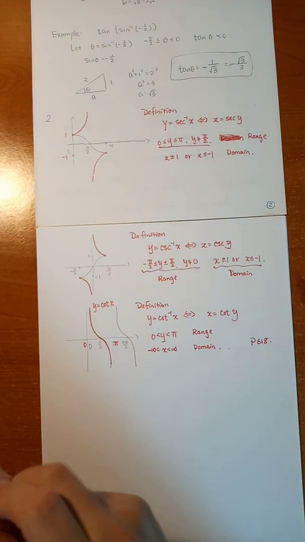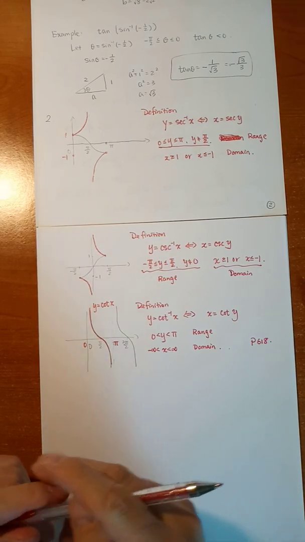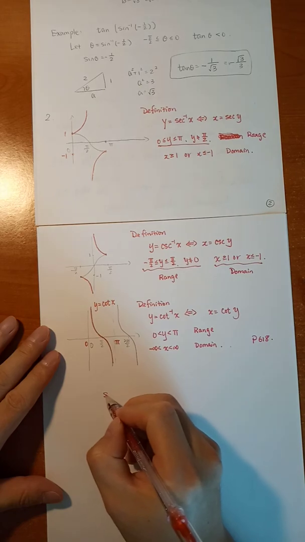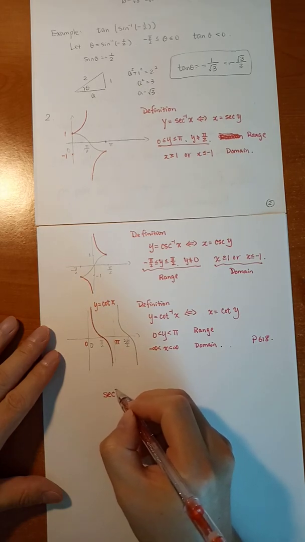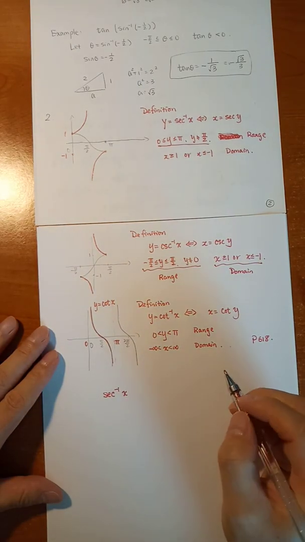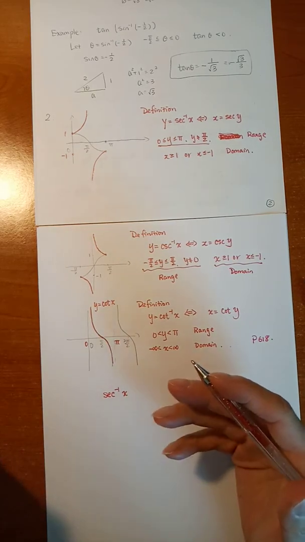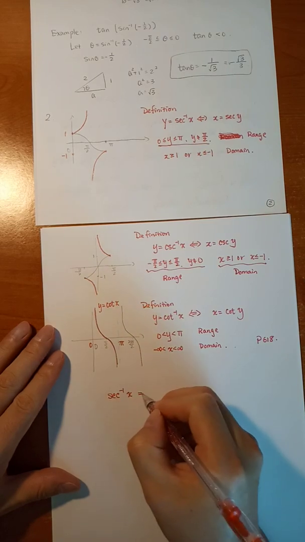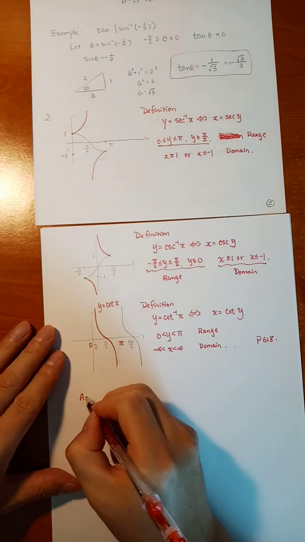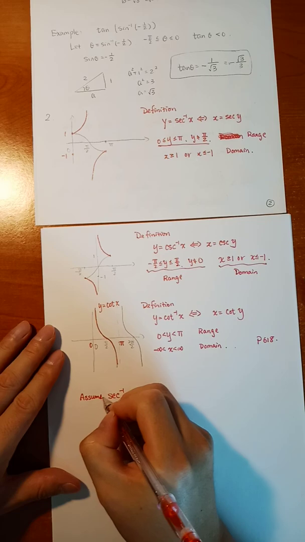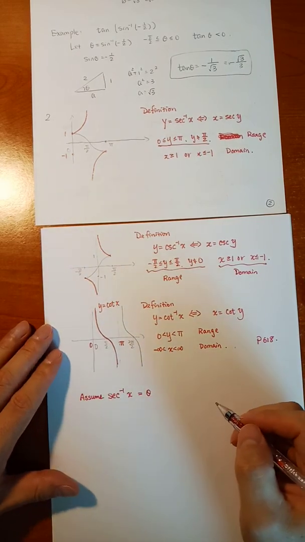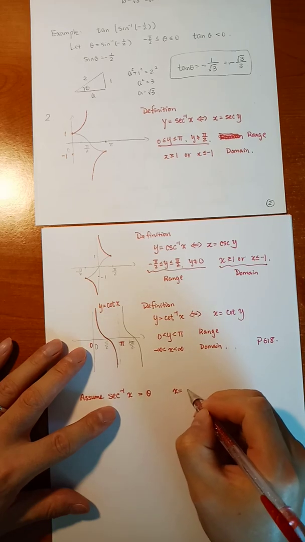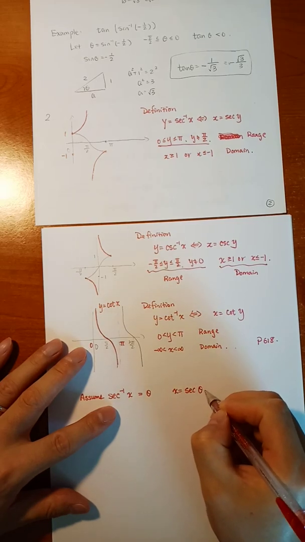Okay, so let's see something. For example, let's use secant. Secant inverse of x, how do we understand it? Let's assume secant inverse of x is theta. Then it means x is secant of theta.